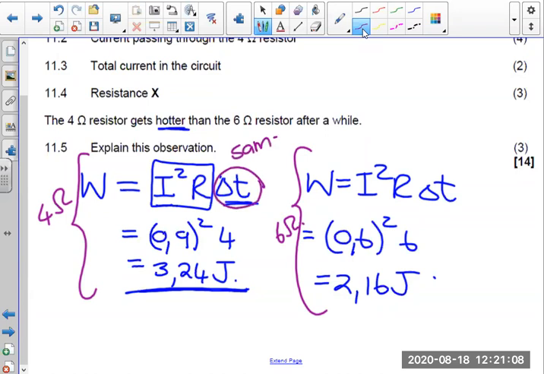The time is not going to change for either of the two, so I don't use it. But I substitute in the current and the resistance for both. So the 4 ohm resistor gets hotter than the 6 ohm resistor after a while because the current through the 4 ohm resistor is much greater than the current through the 6 ohm resistor.